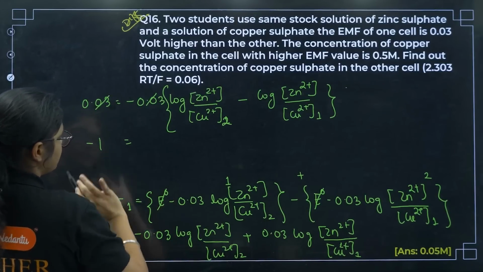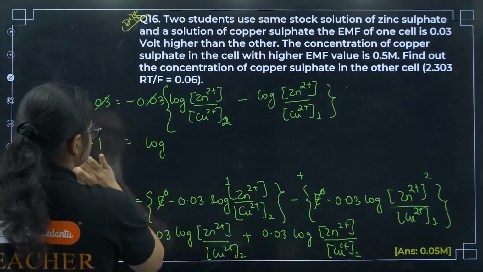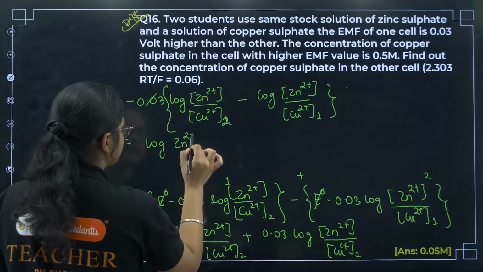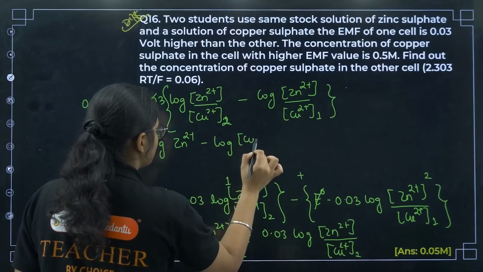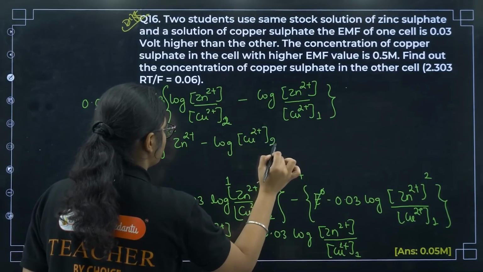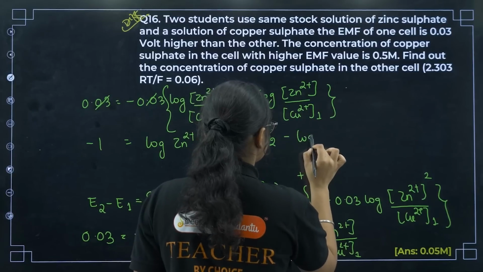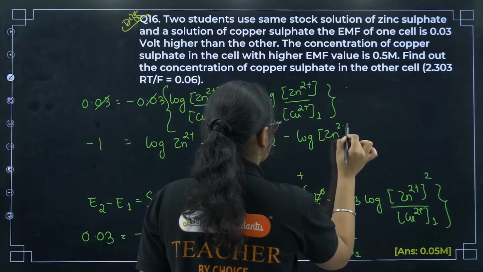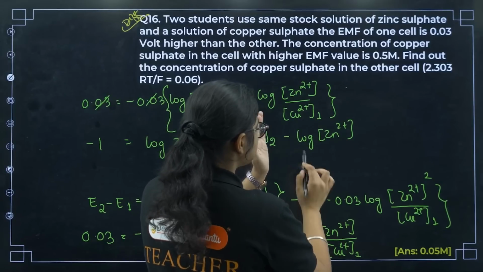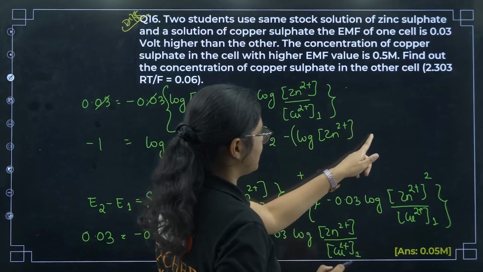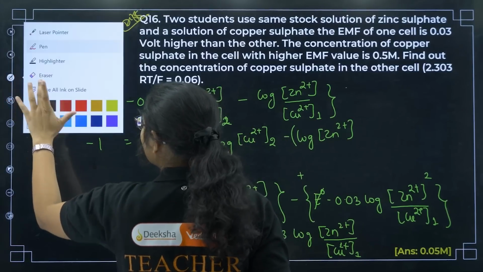Now I have to write, this one I can cancel easily. I can write minus 1 on this side, and this one if I expand, since this minus has come, I can expand like this, log Zn2+ minus log Cu2+ 2, minus, here also log A minus log B, so log of Zn2+ minus log Cu2+ 1. Here this minus is there, so minus minus will become plus, right?